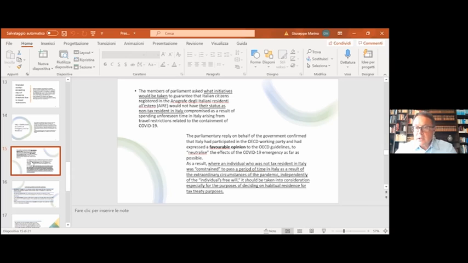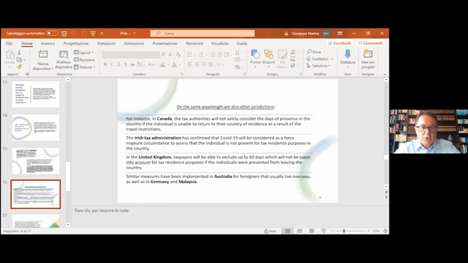But Italy is not alone. Italy is in good company. I should make an analysis of the various positions. Here you see that, for example, Canada, Ireland, UK, Australia, they are saying we are fully complying with the OECD models.